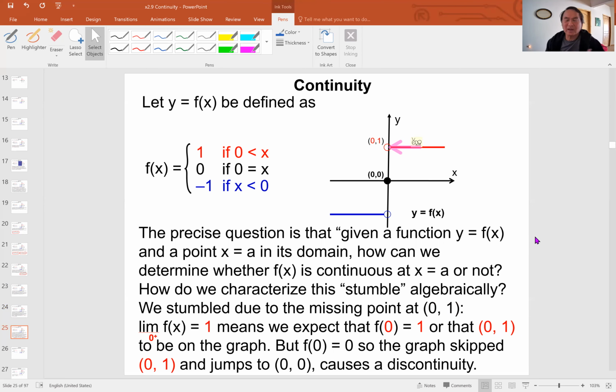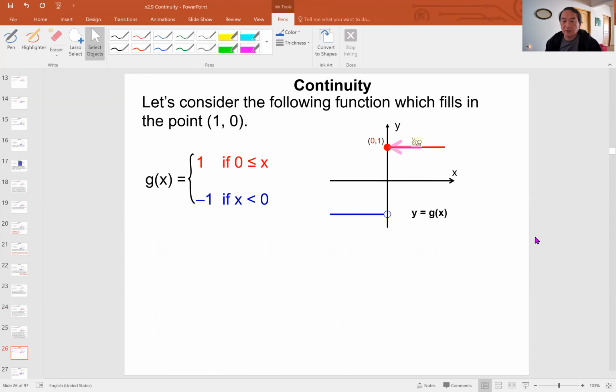Let's be a little more precise about this, and look at simpler versions. Suppose we have this function g, and the ant is coming from the right-hand side. In other words, the limit as x goes to 0 from the right-hand side, positive, of g of x. What does it equal? Well, the height is always 1, so the limit is 1.